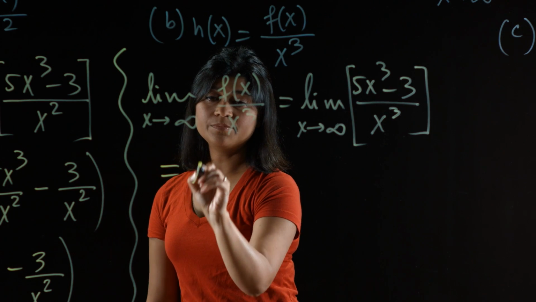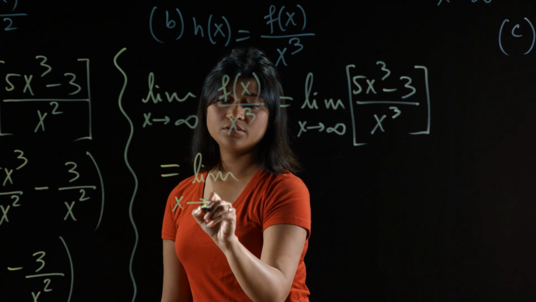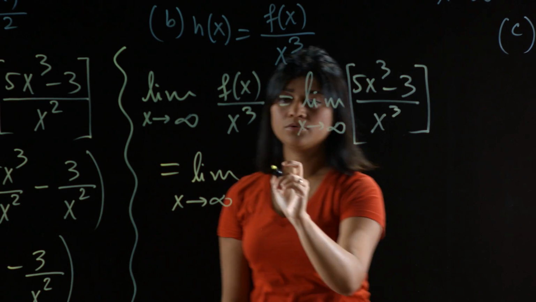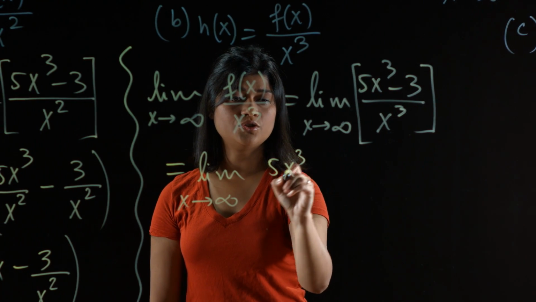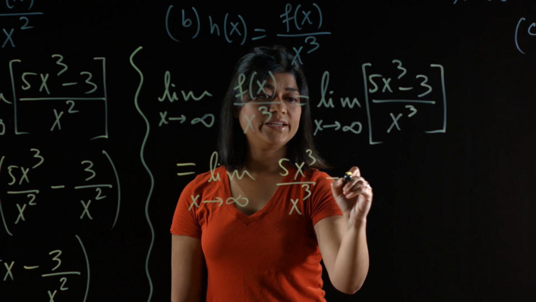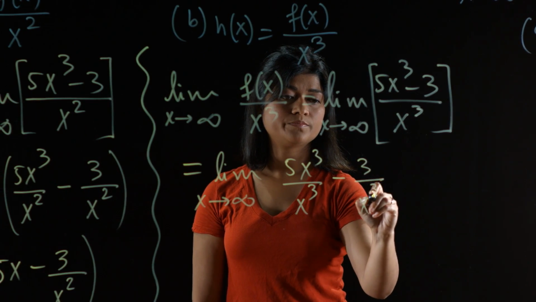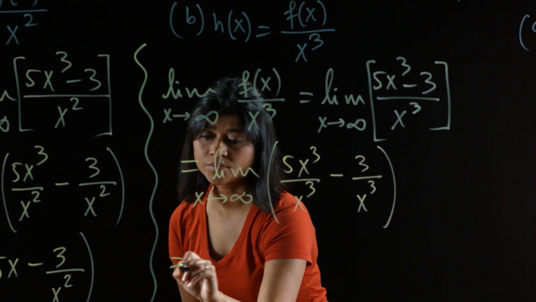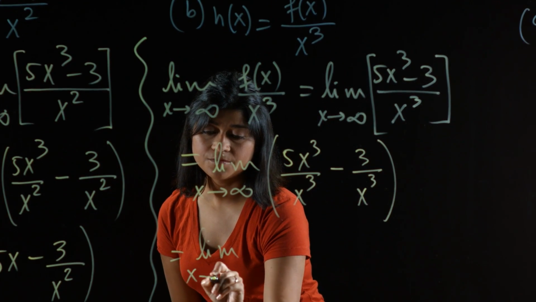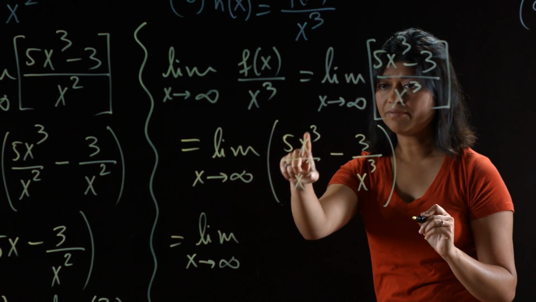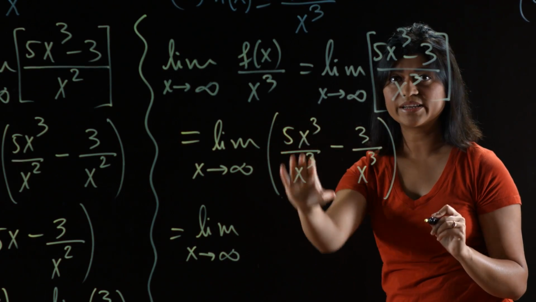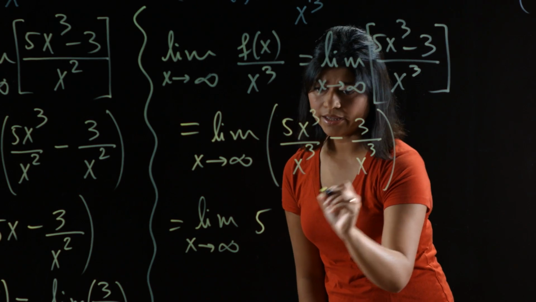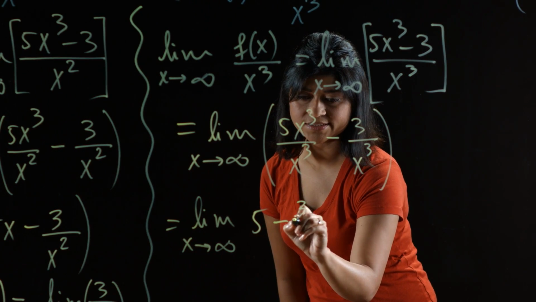First, simplify the expression by dividing both terms in the numerator by x cubed. So we'll have 5x cubed over x cubed minus 3 over x cubed. Let's see if we can simplify further. Notice that the first term has x cubed divided by x cubed, so we can cancel and we just get 5. And the second term remains as it is.